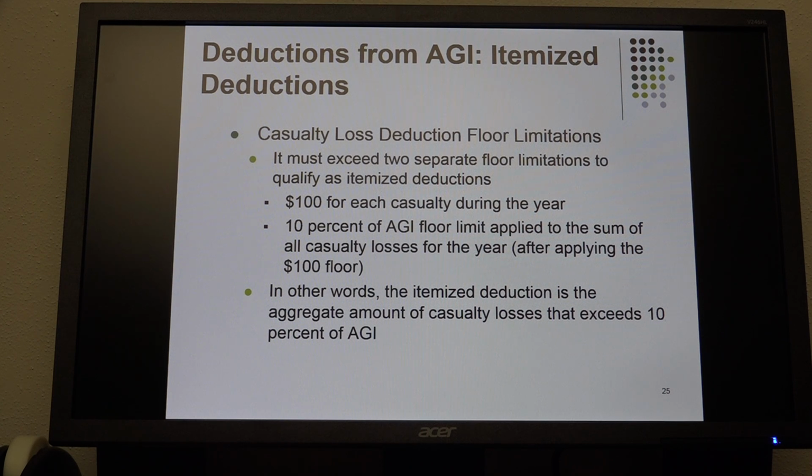And so you combine those casualty losses for the year after deducting the $100 for each casualty, and compare it with 10% of AGI. If it's lower than 10% of AGI, as in our example, it's only $6,800. You don't get to deduct anything. So it's the excess of 10% of the AGI floor after applying the $100 to each.